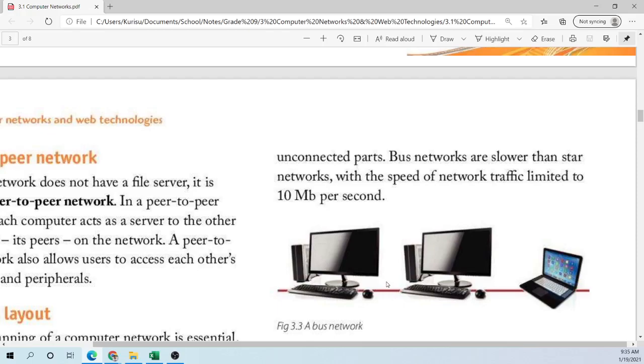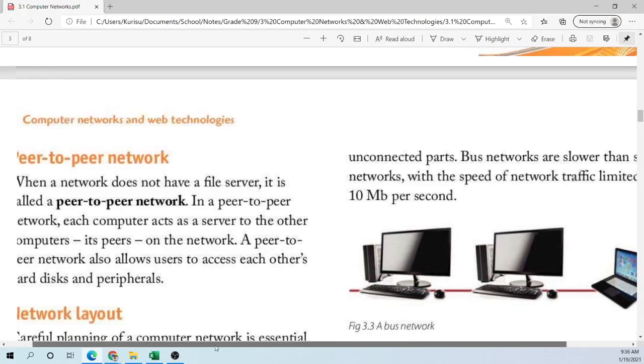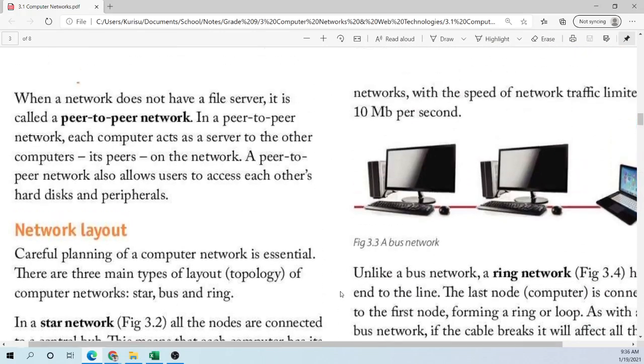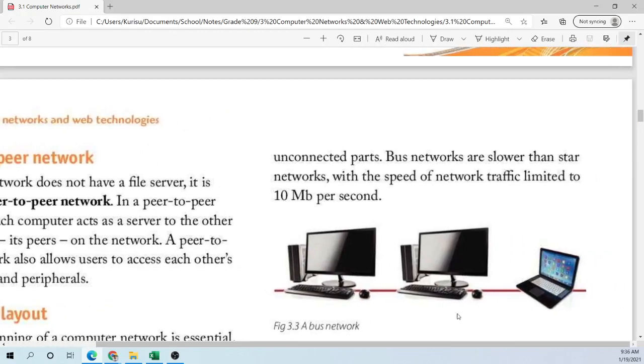So if the cable was to break in three places now, between these two desktops and between the desktop and the laptop, then you don't have any more connection in terms of this network here. So wherever the cable would break, it would end up creating more networks, and those devices would not be able to communicate with each other.